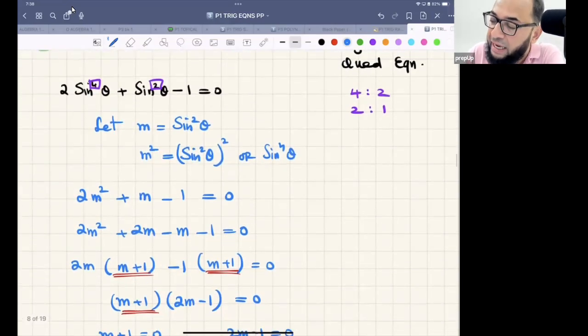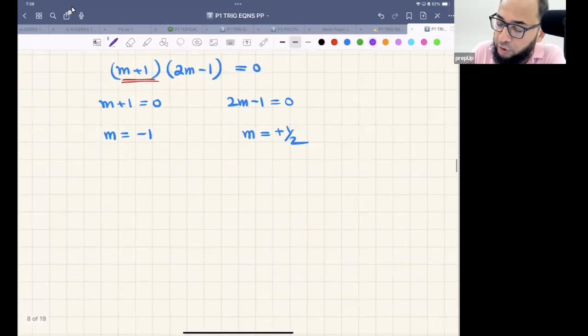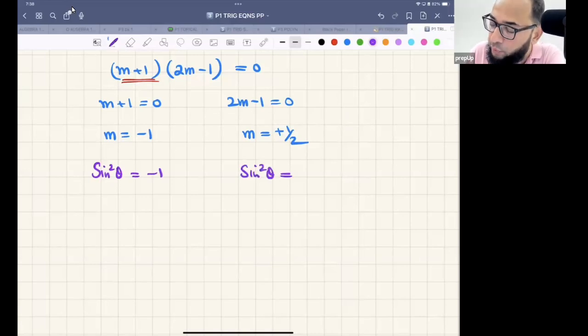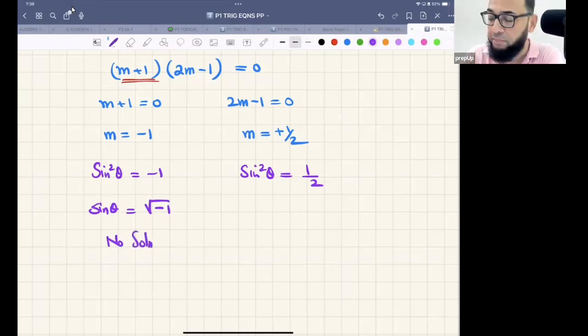But what is m? M is sine square theta. So therefore sine square theta equals negative 1, or sine square theta equals positive half. For sine square theta equals negative 1, sine theta equals square root of negative 1. No solution. You cannot take the square root of a negative number.